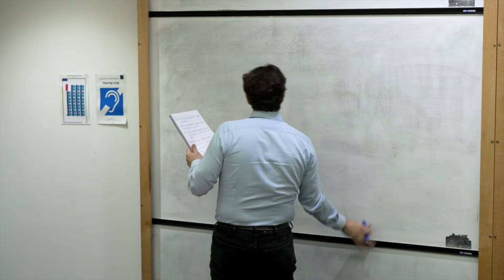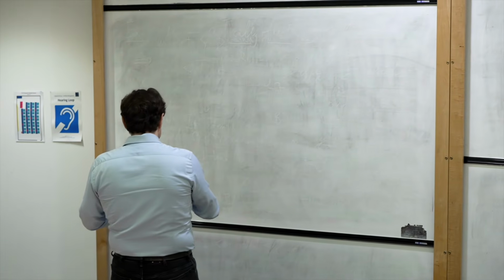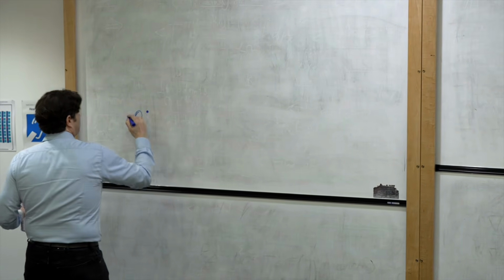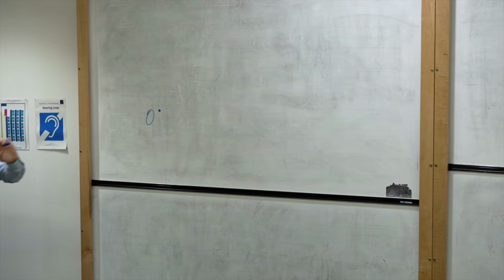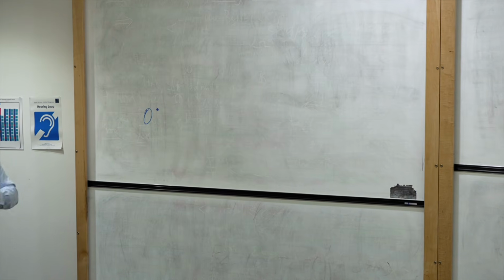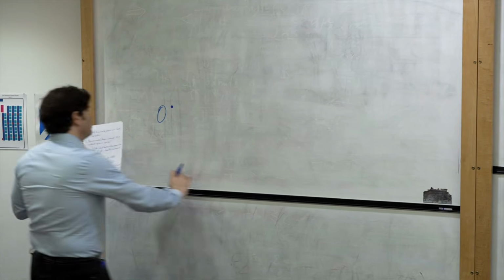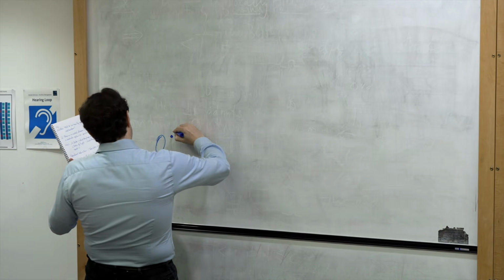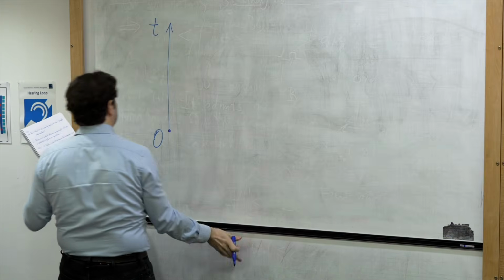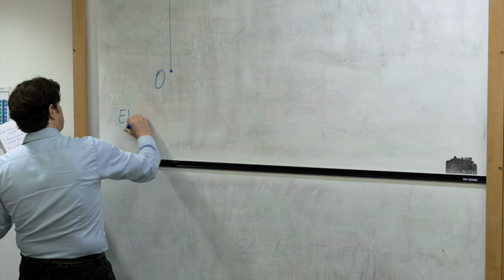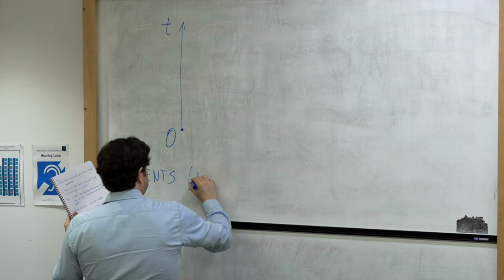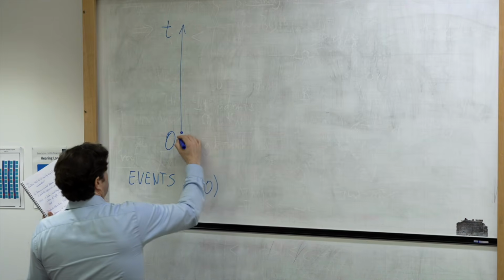So first, let's plot a few things. Let's say that here is the observer, and this is the origin of my system. I set the clock at 0, and then I let the clock run with me, so that all the events with coordinates (t, 0) I can measure very well, okay?